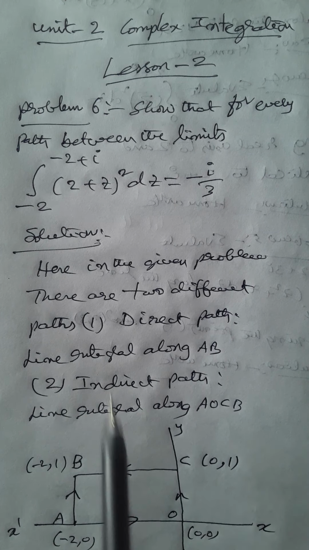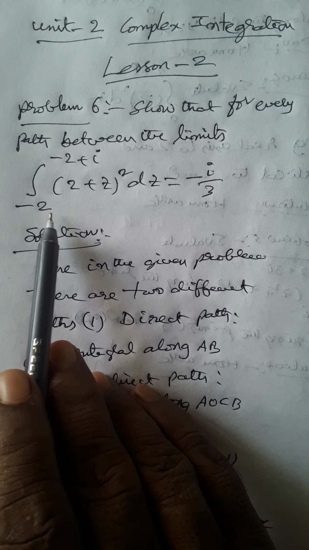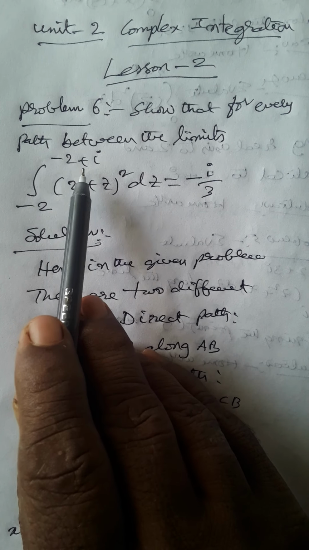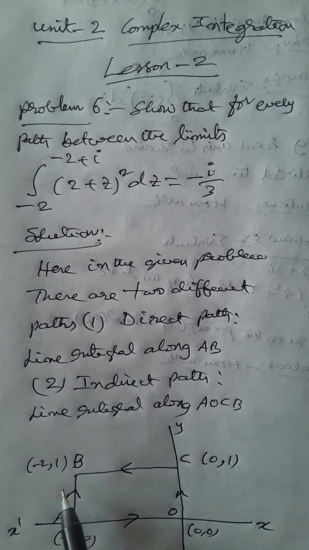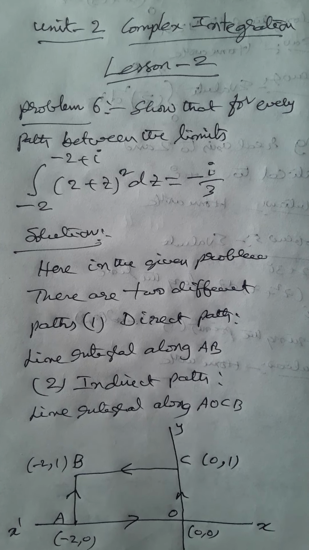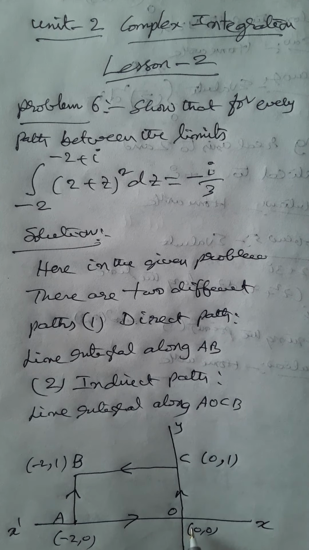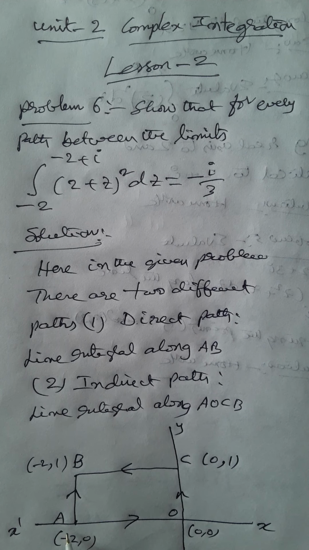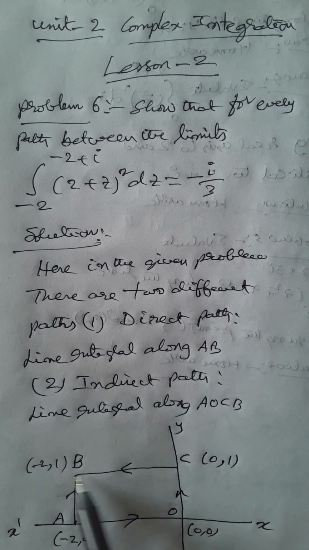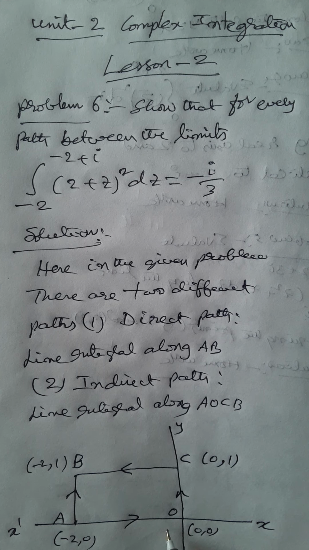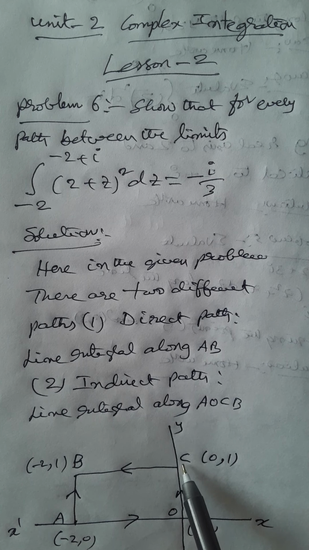Observe the diagram. Here -2 means point (-2, 0), and -2 plus i means point (-2, 1). This is the direct path AB. Now automatically this point is (0, 0), this point is (0, 1). So the indirect path is along AOCB. So there are 3 line integrals: along AO, along OC, and along CB.